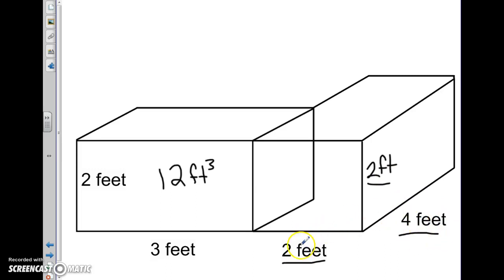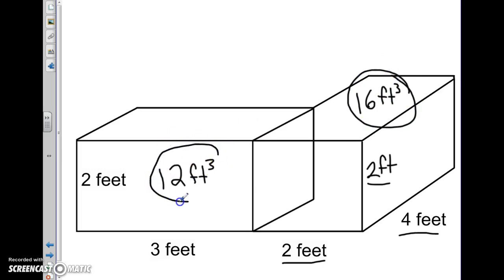So 4 times 2, which is 8, times another 2 is 16. So the volume of this rectangular prism is going to be 16 feet cubed, or cubic feet. And then I'm just going to add up these two volumes, and that'll give me the total volume here. So I've got 16 plus the 12. That's going to give me 28 feet cubed, or cubic feet.